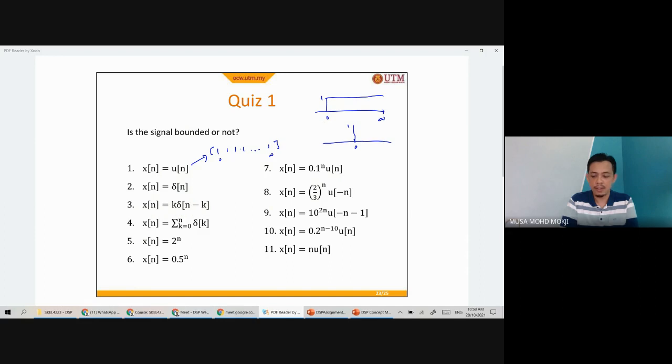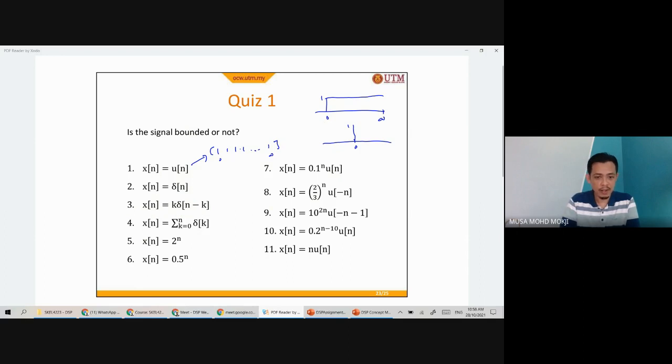Delta is just one sample, where the value is 1. Unbounded, that's actually true, because when k has the possibility to be infinity, then the signal value can be infinity.